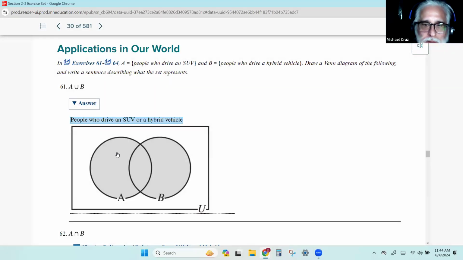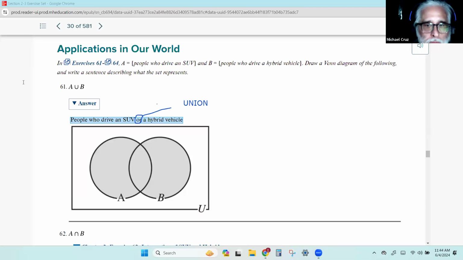And here's the key word. This is what you've got to watch for. Or is the union.